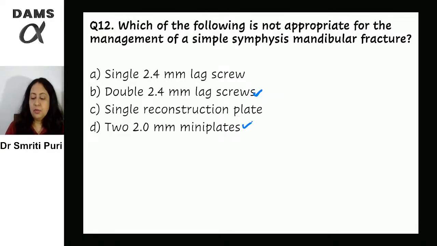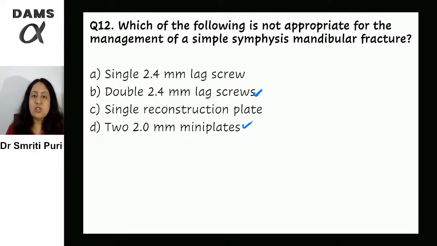Now, when we say single reconstruction plate, if you remember, last time I had showed you a reconstruction plate visual. A reconstruction plate is 2.4 mm profile, it is thick, it is robust. It is a load bearing fixation device.